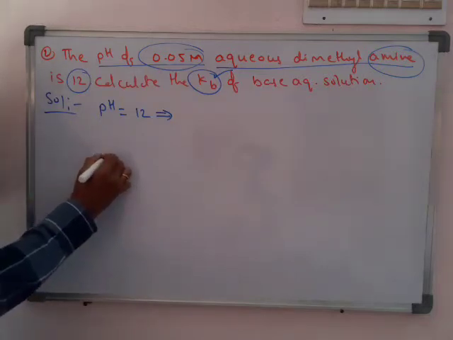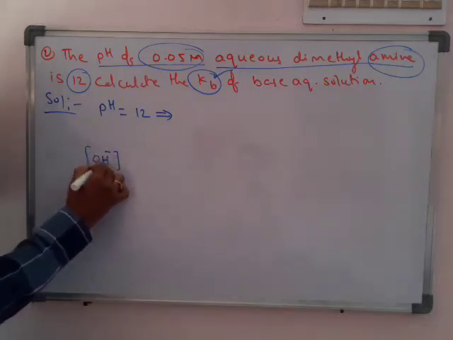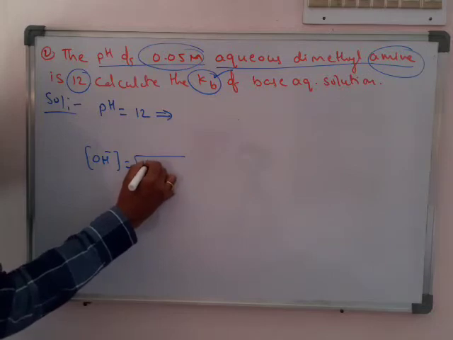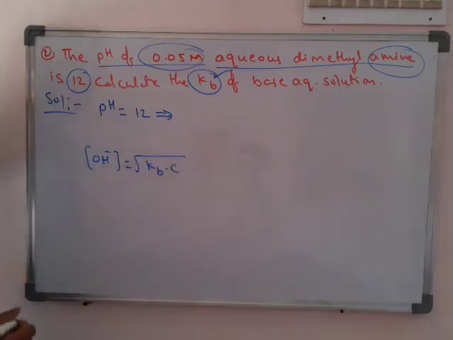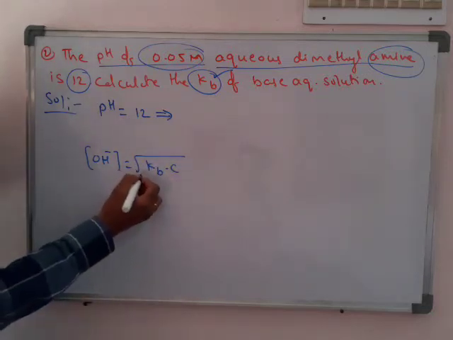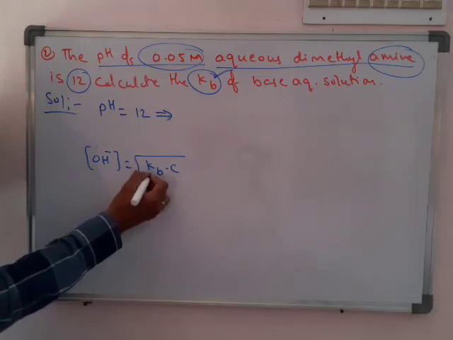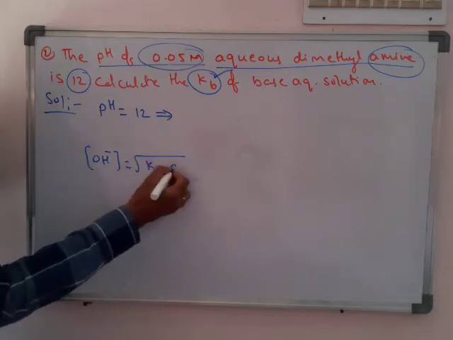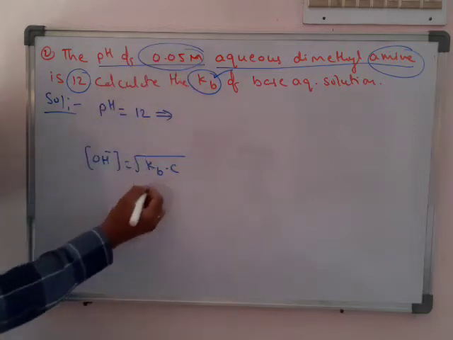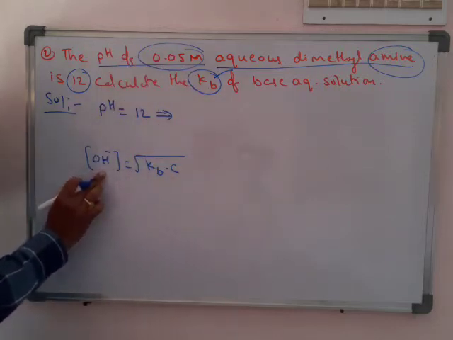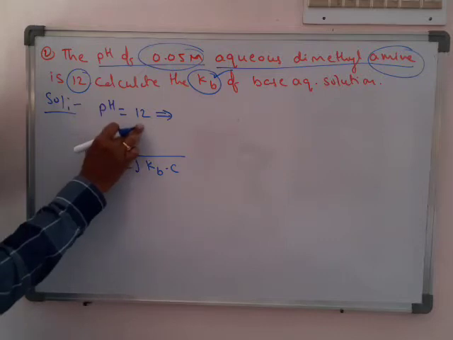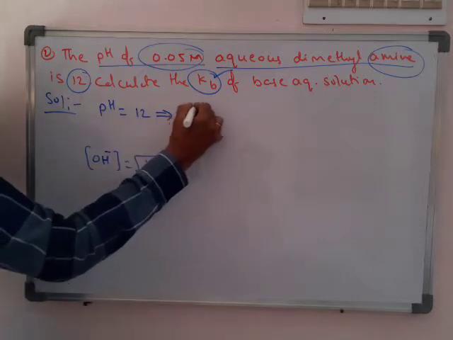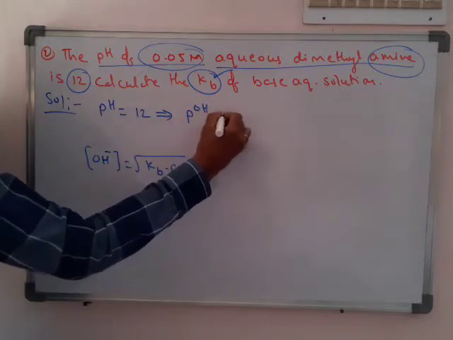We have a formula OH minus equal to root Kb into C. Means we have to find the Kb. Already we know the concentration value, that is 0.05 M. So then we have to know the OH minus. The pH is given as 12. So automatically pOH is equal to how much?